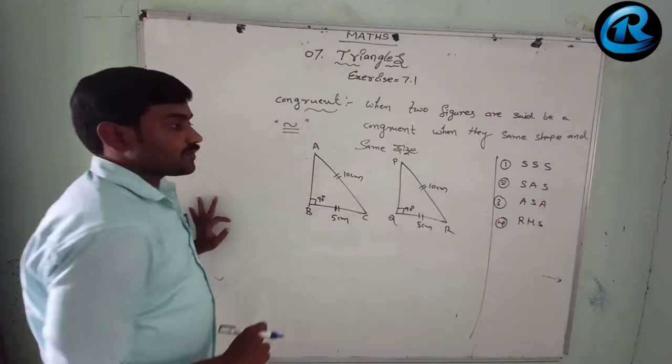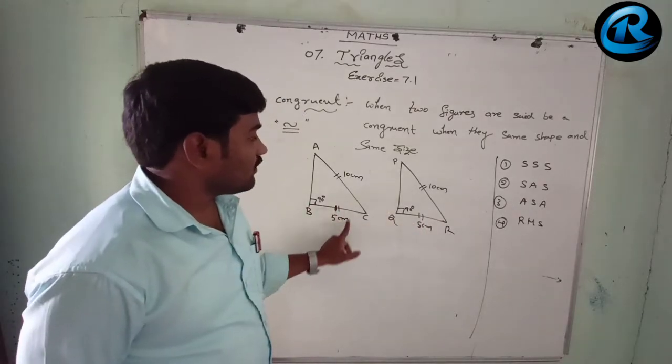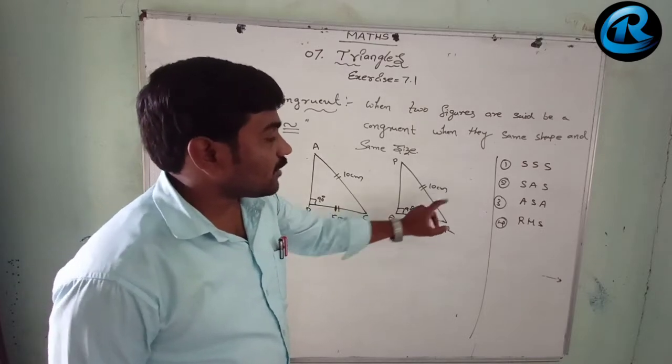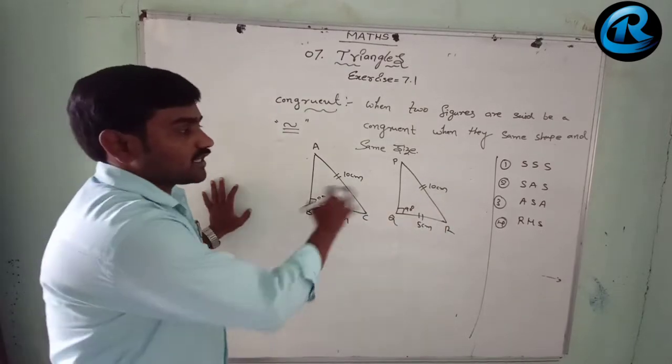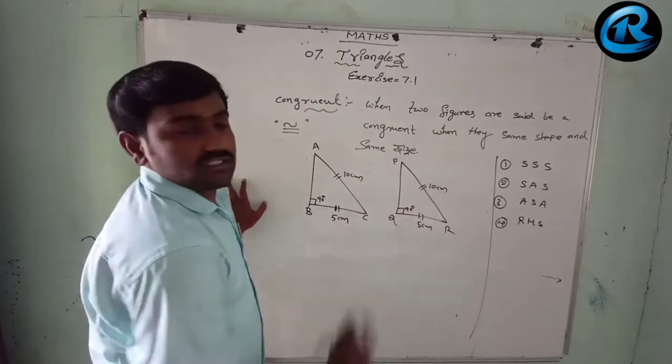So the right angle, one side and the hypotenuse are equal in both triangles. So these two triangles are congruent by the rule of RHS.